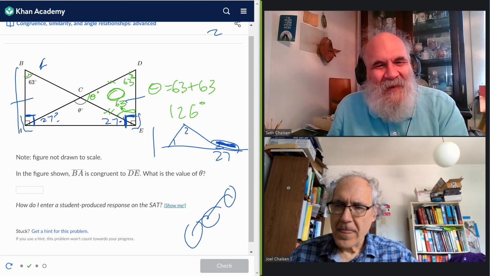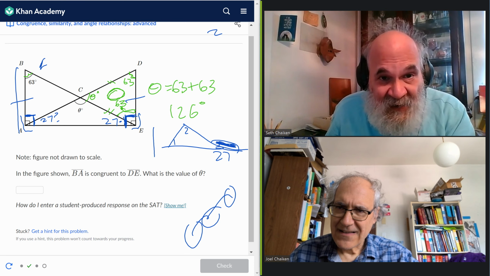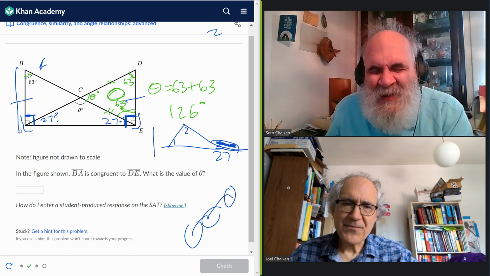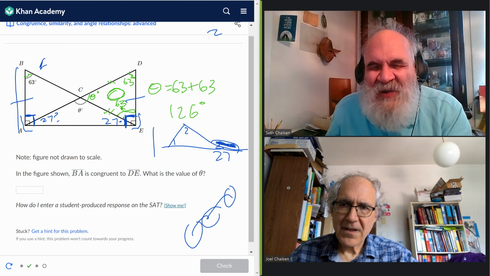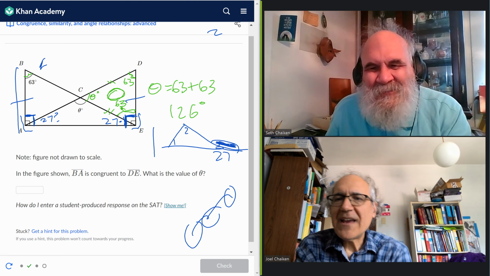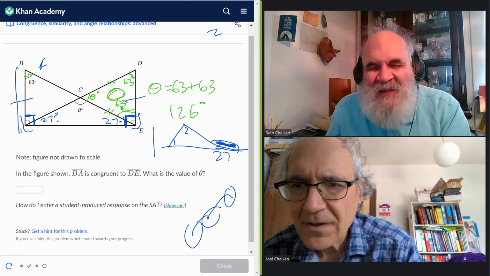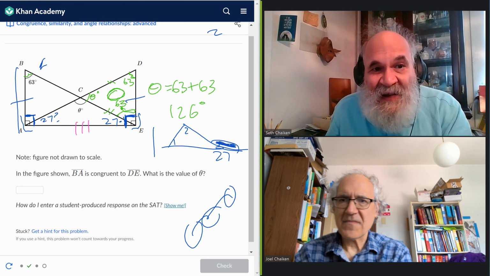The two equal sides are BA and DE, of course, the vertical sides. The two equal horizontal sides are the coincident AEs, the reflexive property. And the two corresponding equal angles are the two right angles.